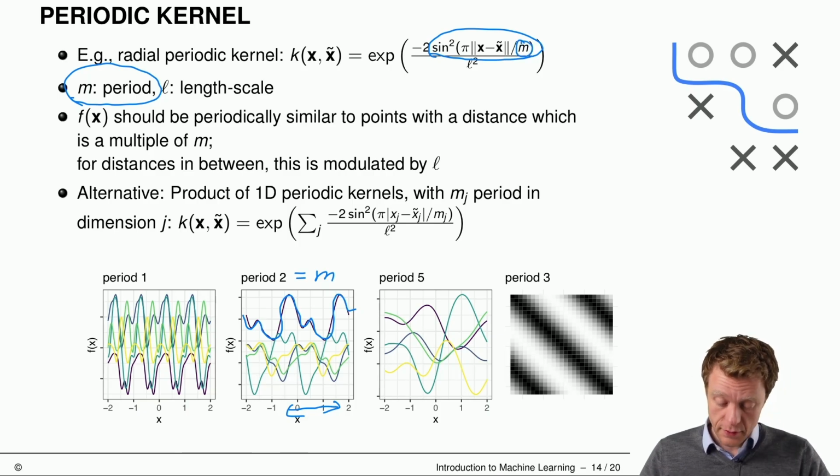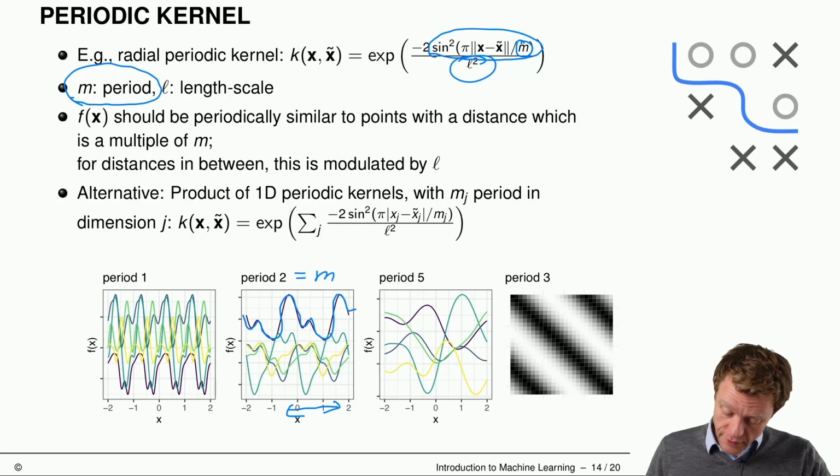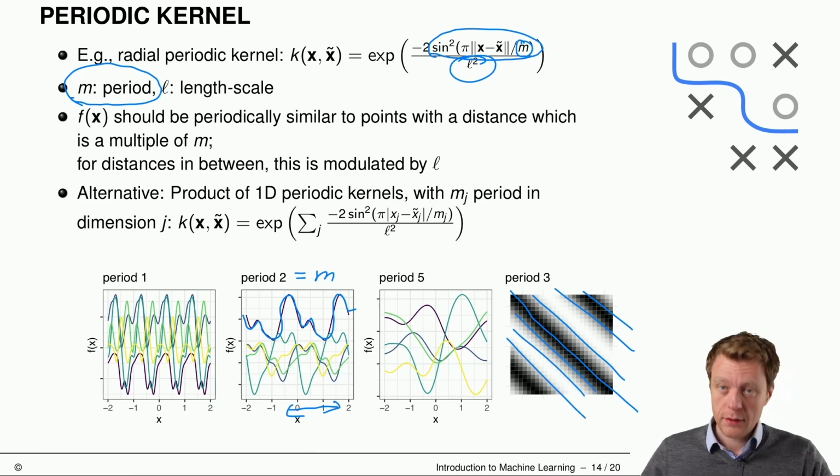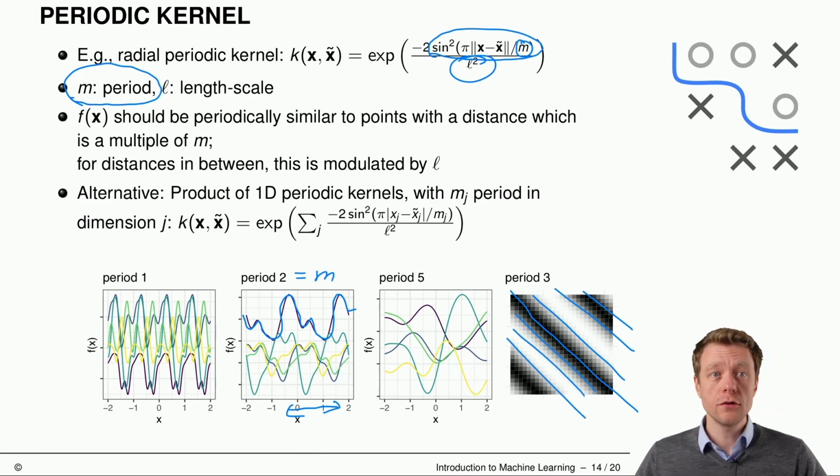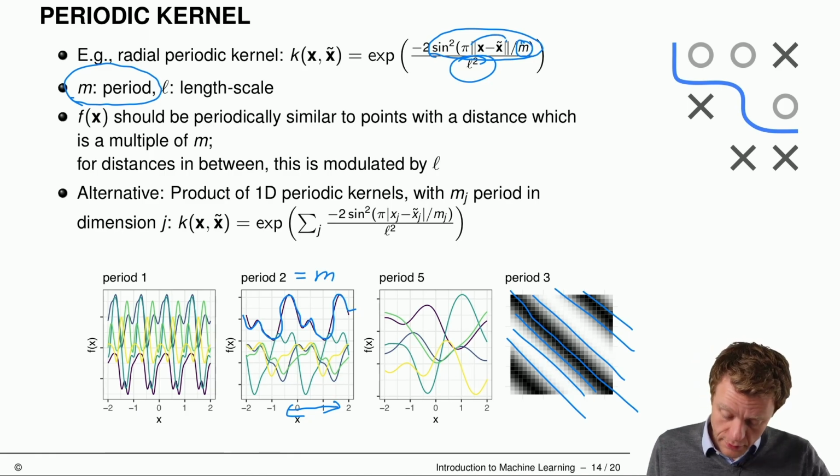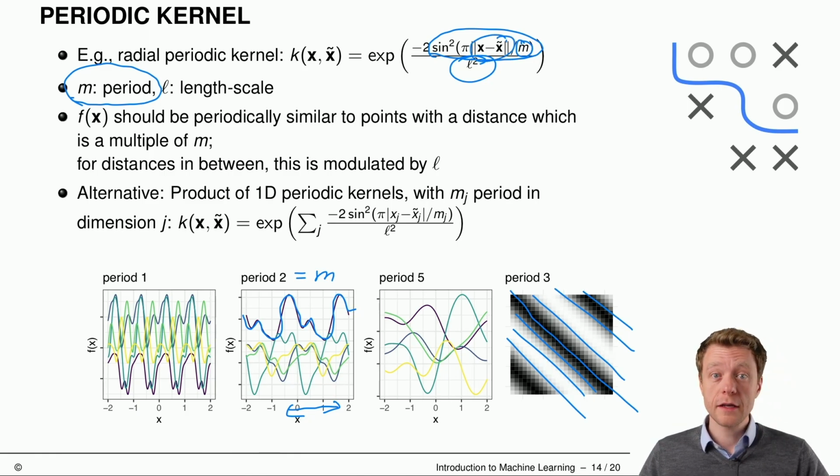M governs the period, and we also have a length scale L, which governs the smoothness between the period points, let's say. It's also stationary. We do have parallel contour lines here, and it's also isotropic because it's only dependent on the distance here.